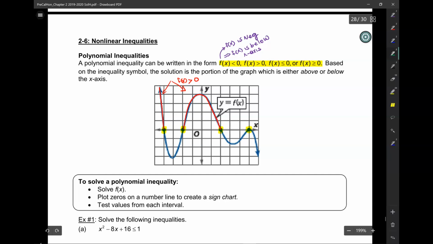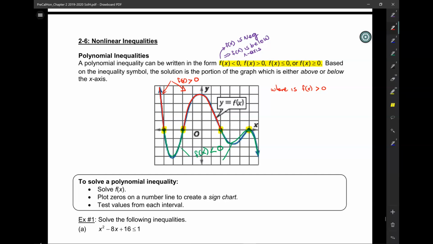These regions are where f of x is less than 0. So, if I ask you, where is f of x greater than 0? You would tell me the intervals.